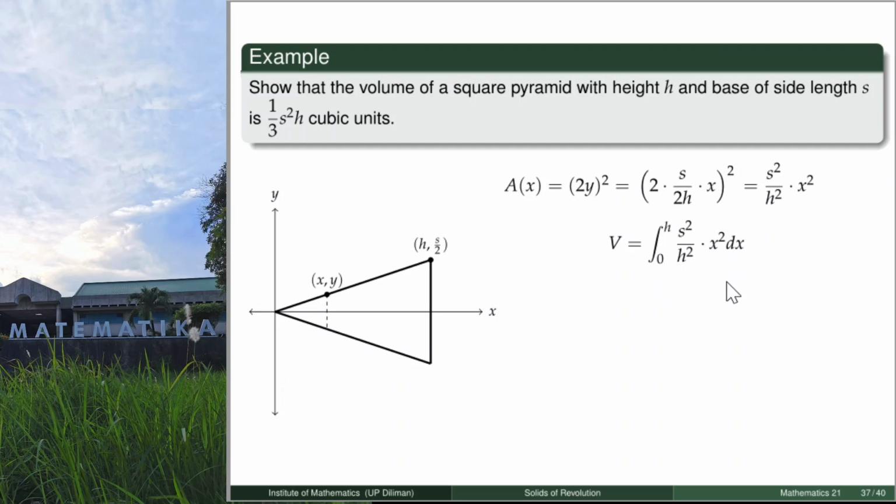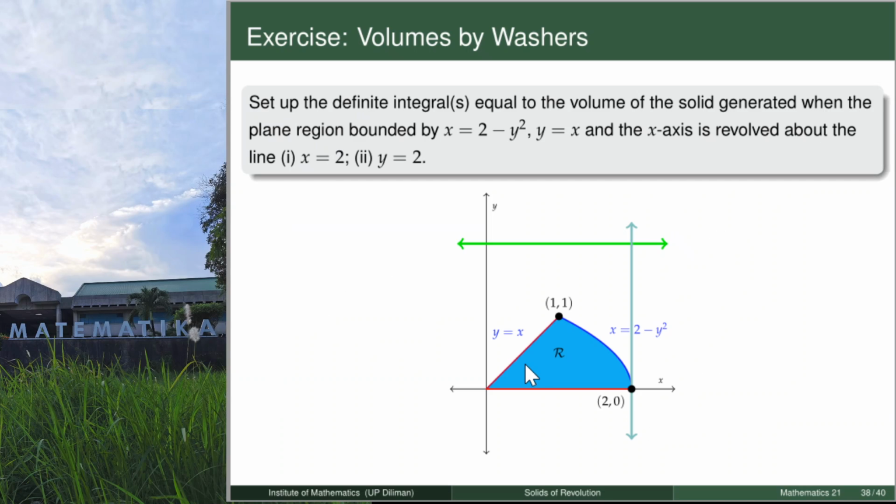And now we can just integrate and evaluate. And we will get 1/3 s squared h, which is exactly what we want to show. Okay? And that ends this example. We have already proved the formula for the volume of a square pyramid. It's cool, right? Okay. And that's it.